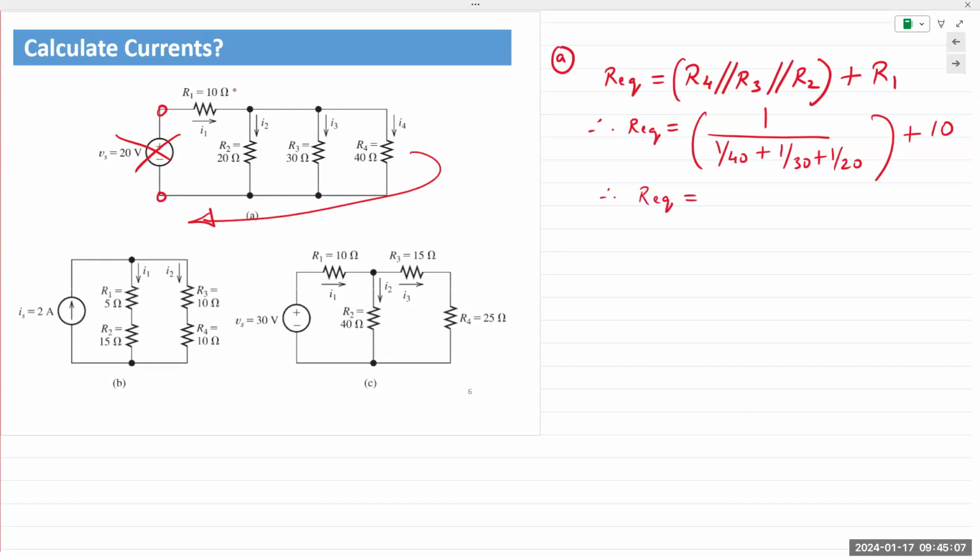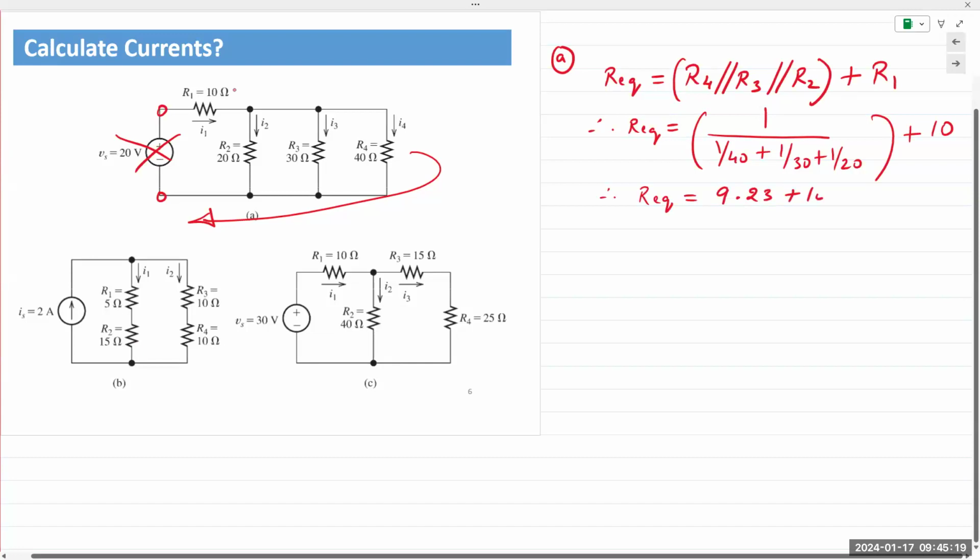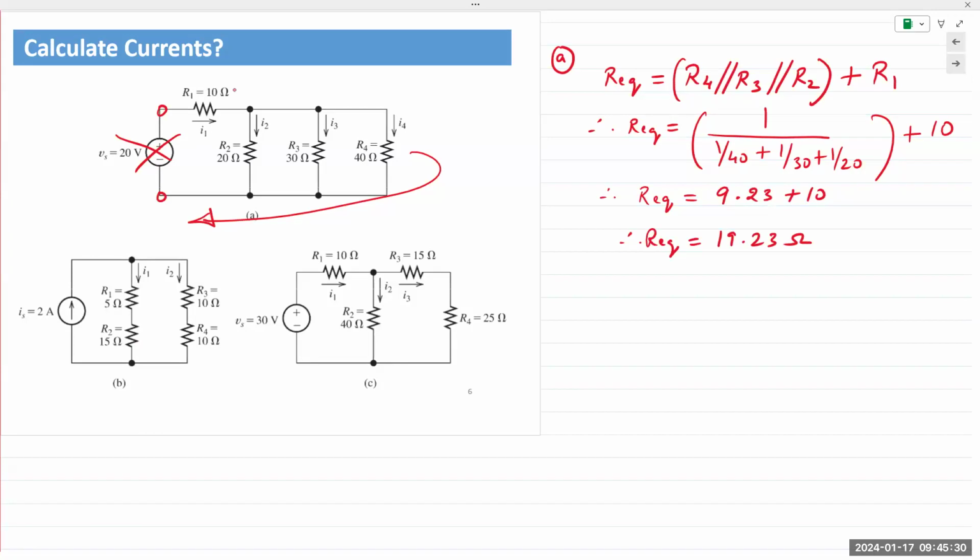So what is the parallel combination? 9.23. This is plus 10, right? Without the 10. Yeah, okay, thank you. So Req is 19.23 ohms. Does anyone else have the same answer?